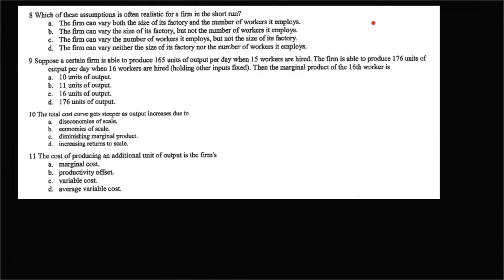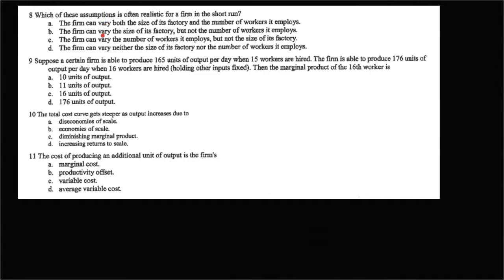Well, in the short run, you can hire some new workers. You can shut down, and in the long run, you can exit the market. You can change the size of your building. You could make drastic changes to your factory, or move a factory.